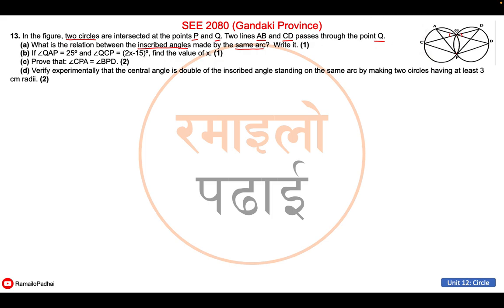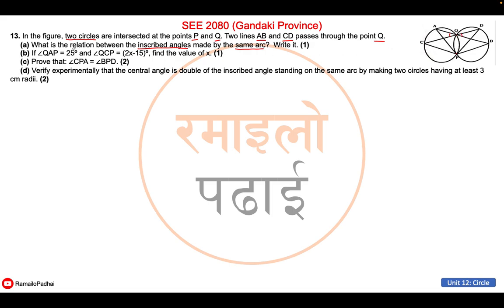These two angles QAP and QCP are inscribed angles of the minor arc PQ of the left circle, so they will be equal, and equating these two values we will get the value of x. Now we need to prove that angle CPA is equal to angle BPD. Okay, we will do that. These two angles will be equal, this is vertically opposite, and these two will also be equal.